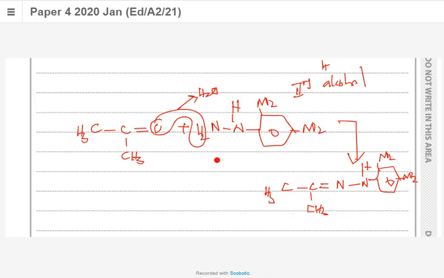Same thing you can draw for the aldehyde, where you just substitute this CH3 with H. Please draw the aldehyde also.